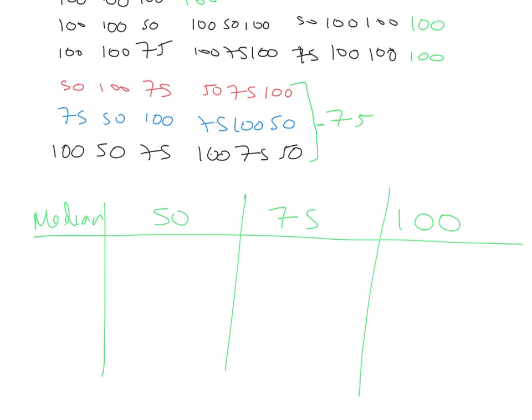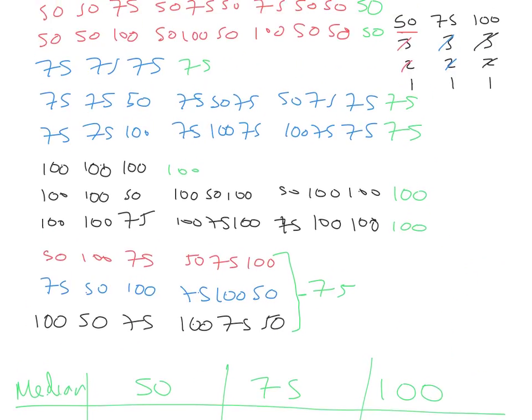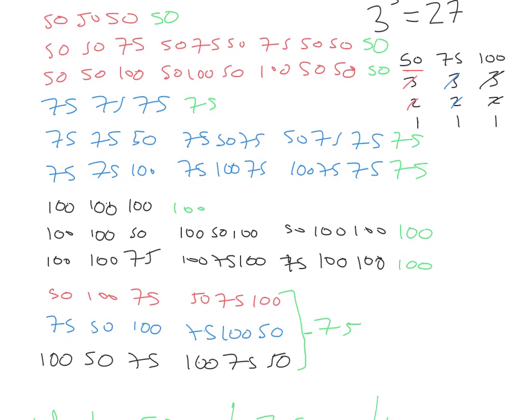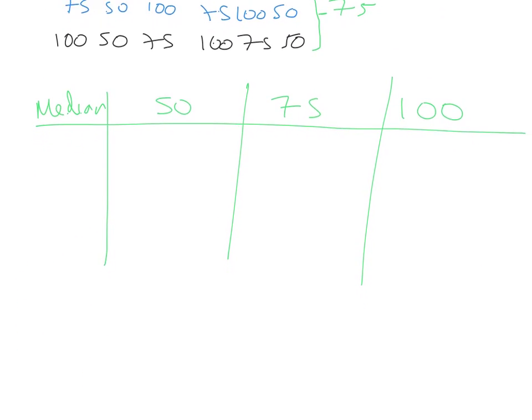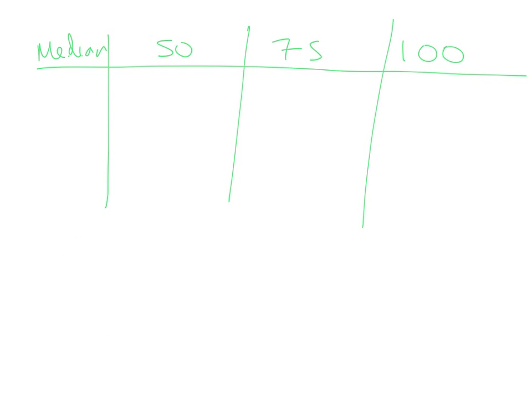So if it was a median of 50, the only combinations where the median is 50 are these ones here. So that's where we either get 3 scores of 50, so that would be the probability of getting a score of 50 is a half. We need to add that to 3 times getting a 50 twice and a 75 once.